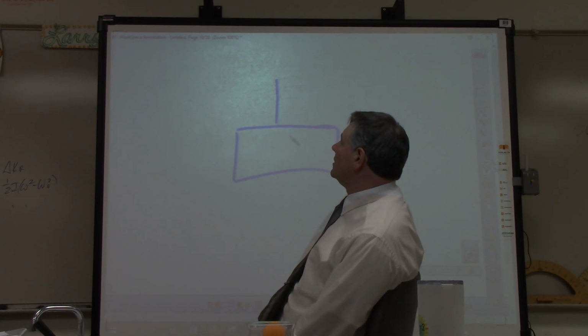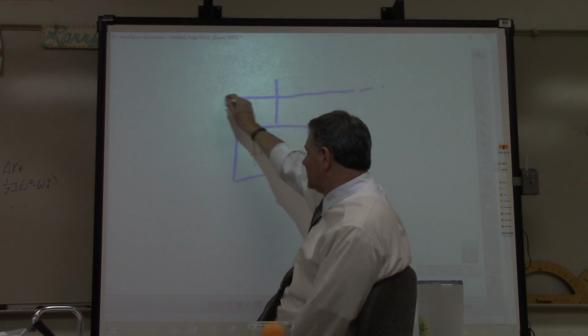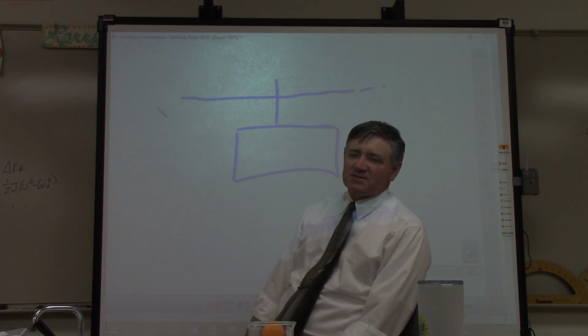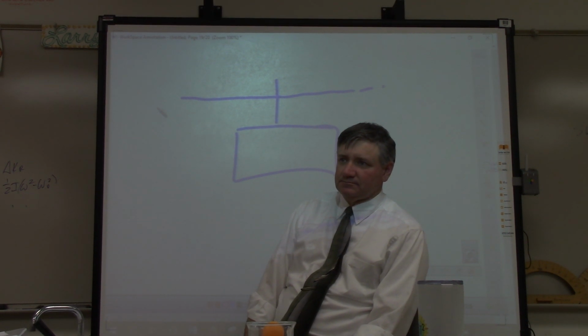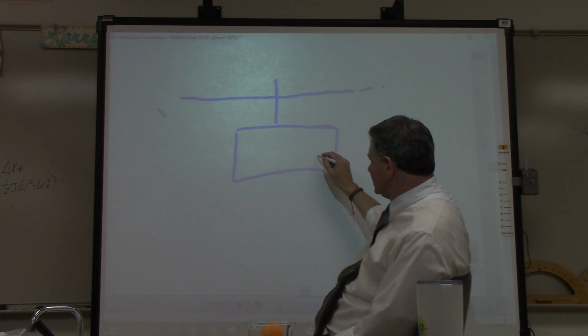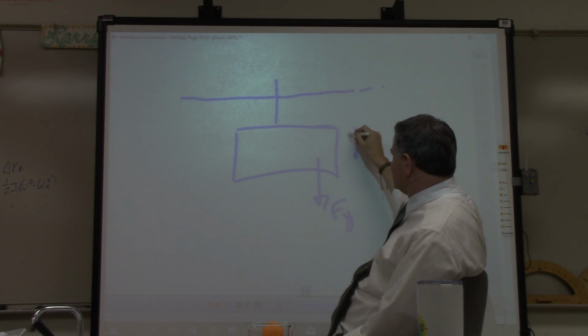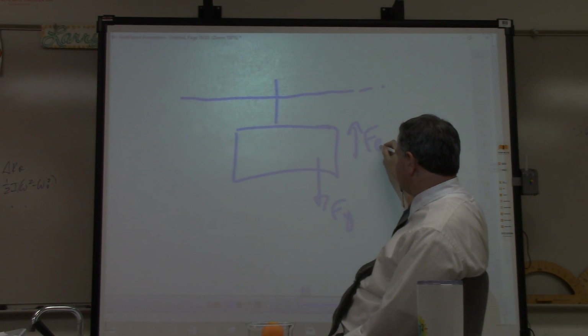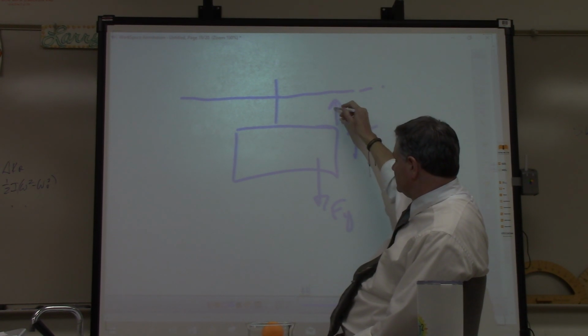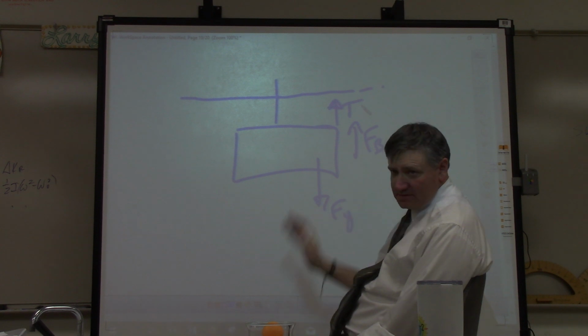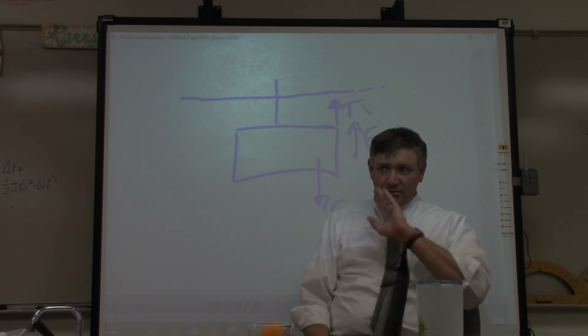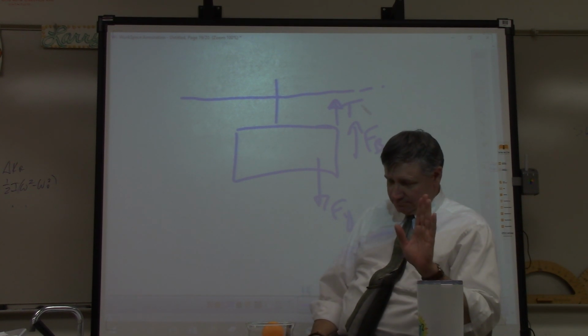But at the end of the day, this thing is below water. So what are the three forces acting on it? Gravity is trying to keep it down, buoyancy is trying to lift it, and there's tension. You add all three together, and it should add up to 0.